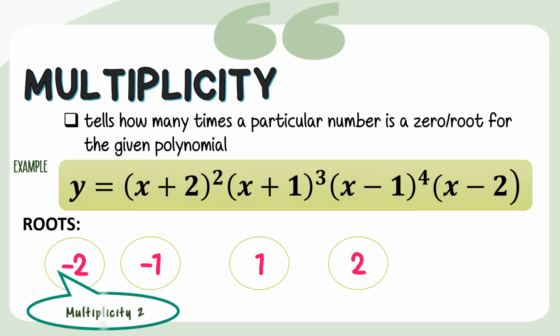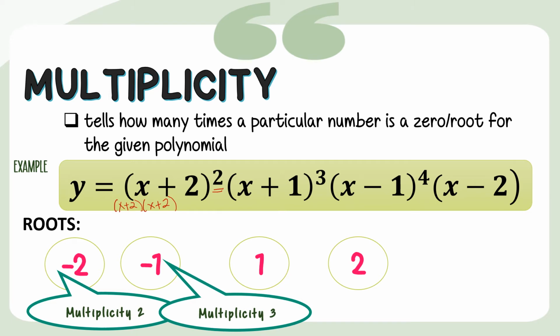Now, si negative 2 ay root of multiplicity 2. Why? Kasi, dalawang beses siyang naging root. Si x plus 2 ay naka-squared. So, that means dalawang x plus 2 meron. Kaya, si negative 2 ay dalawang beses naging root. And then, negative 1 is a root of multiplicity 3 kasi naka-cube si x plus 1.